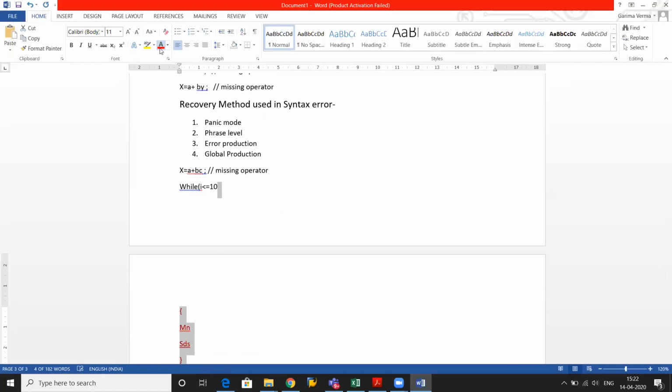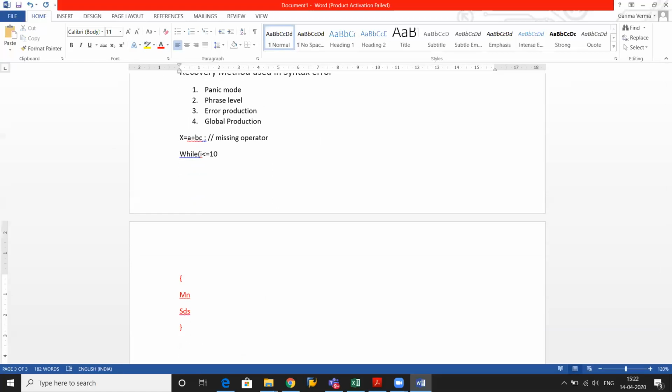So this whole structure will be discarded, and it will come out of the loop. Now, from the line after the loop, it will start the creation of the parse tree, checking the syntax from the next line after the loop. So it will discard the whole loop.